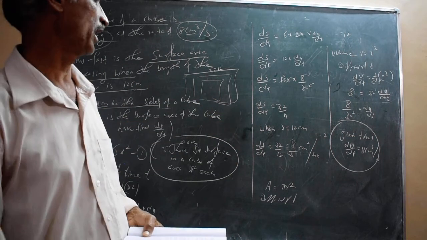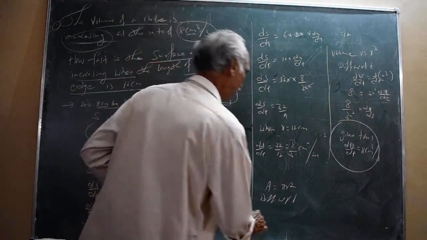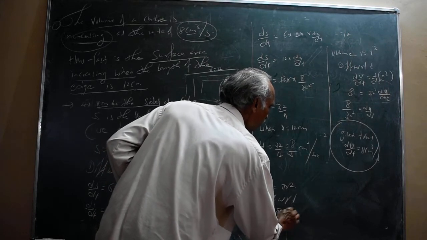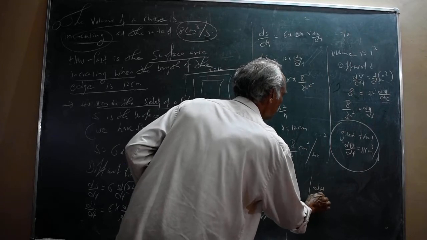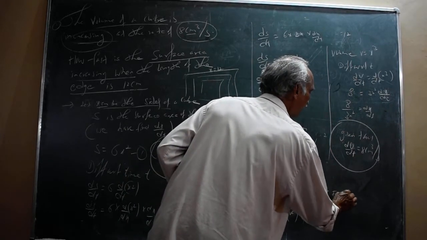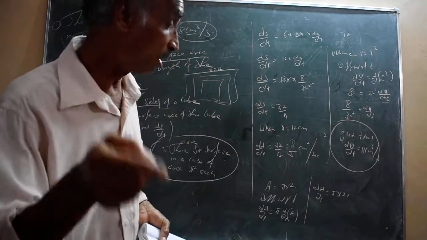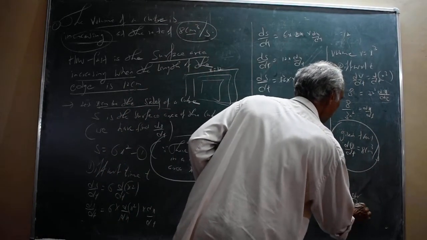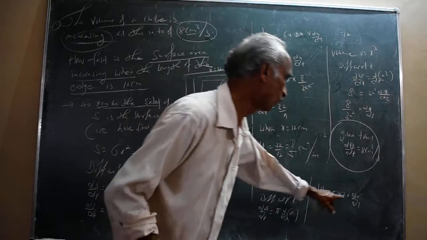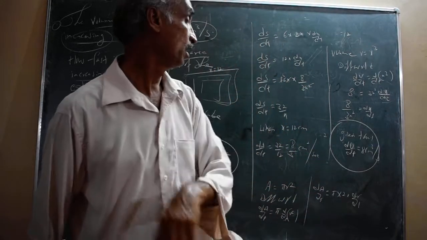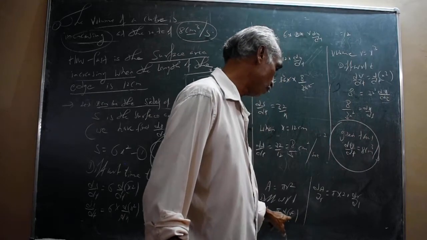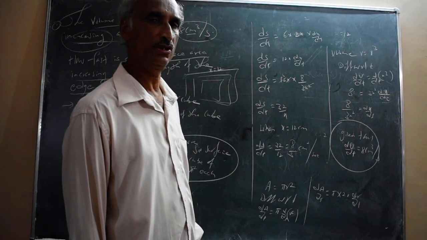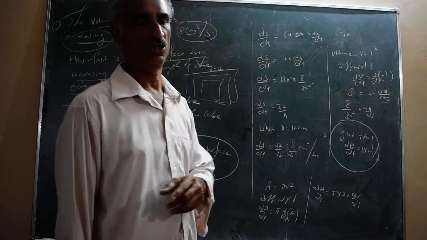So differentiation should be with respect to time. dA by dt is equal to pi into d by dt of r squared. Differentiation of r squared with respect to r is 2r, but with respect to t, the chain rule gives 2r into dr by dt. There is a variable mismatch, so the chain rule is applicable if the differentiation is with respect to some other variable.